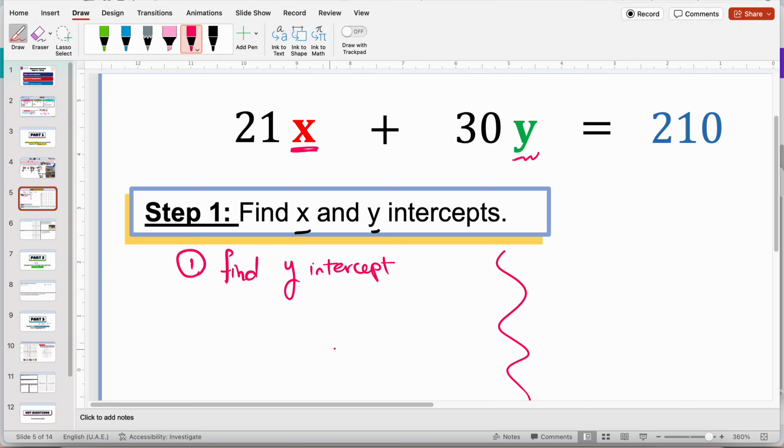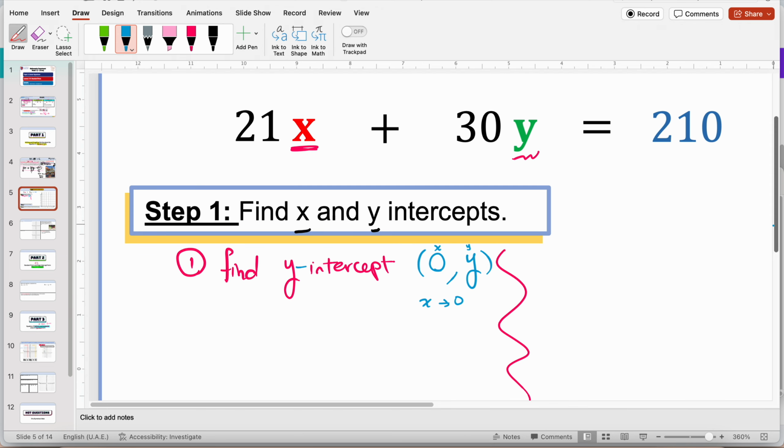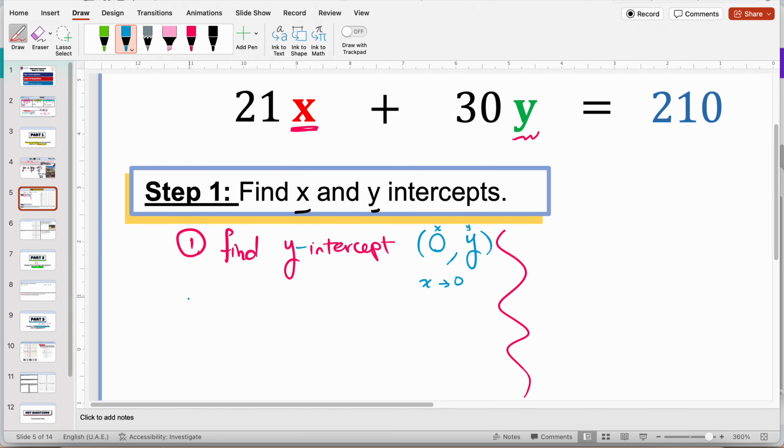What do I mean by finding the y-intercept? Remember when we said that the y-intercept point looks like what? It has a 0 in x and some value in y, okay? So y-intercept, always the x of it is 0, okay? So I'll take my equation, 21x plus 30y equals 210.